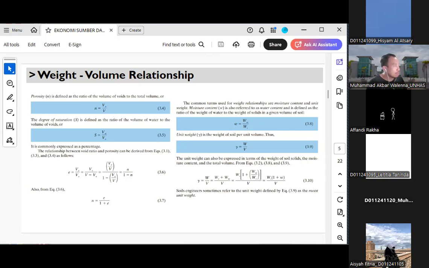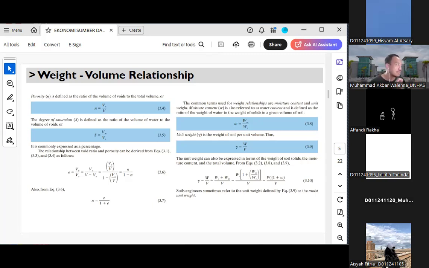When it comes to the number, the degree of saturation is always represented as a percentage. Let's say the saturation is zero, or 0%.